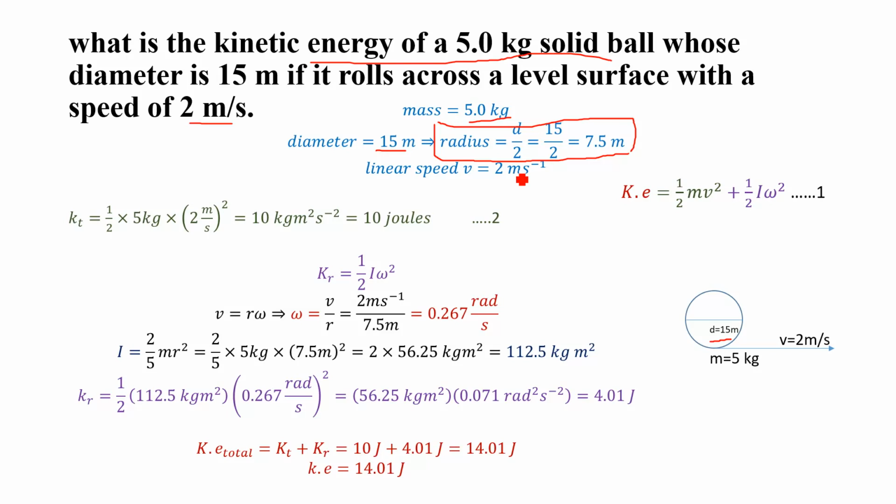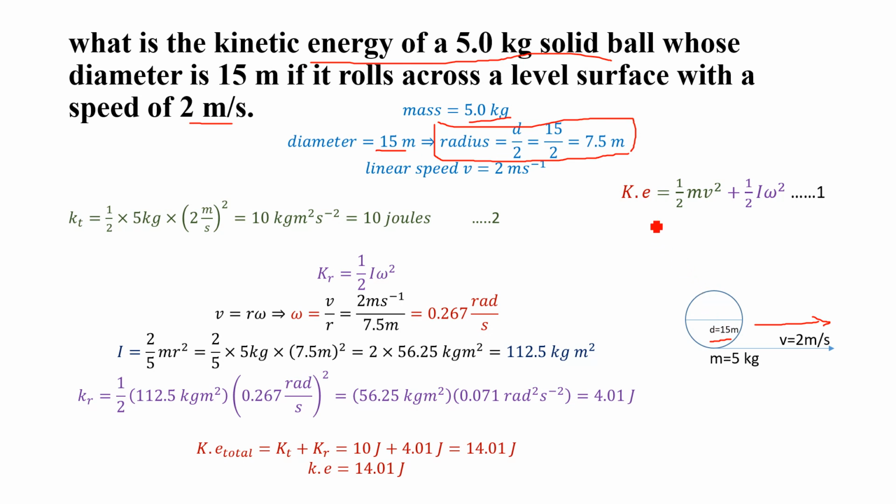So for determining kinetic energy, as there are two types of motions in this ball, one motion is along this straight line, which is translational motion, while the second type of motion is rotational motion, because this ball is rotating around its center of axis. So it has two types of kinetic energy.